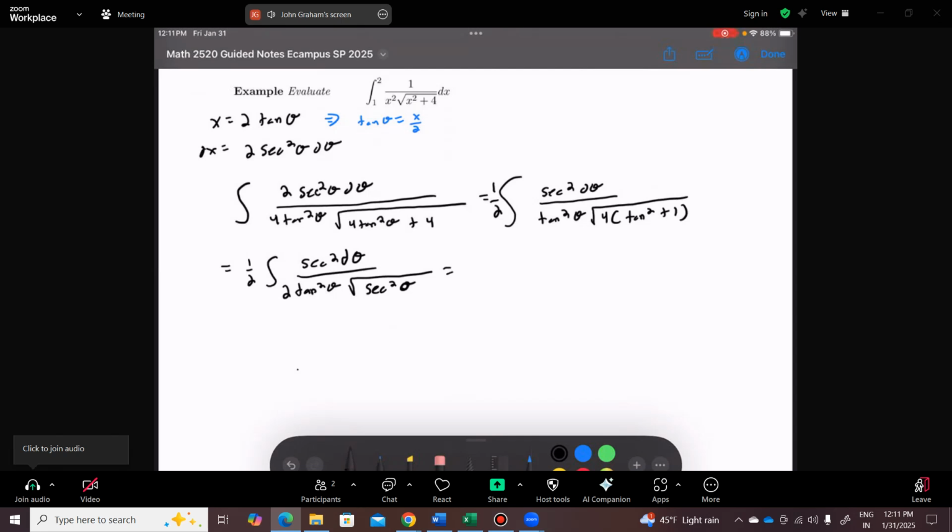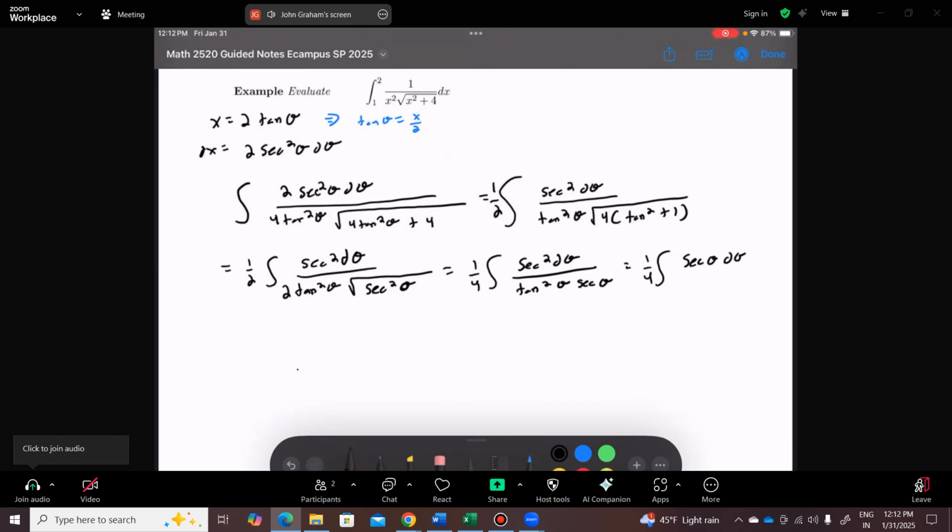So we'll now have 1/4 on the outside when we bring that 2 all the way out. Secant squared theta d theta over tangent squared theta, and then the square root of secant squared is just secant theta. Okay, 1 secant will cancel. So secant theta d theta.